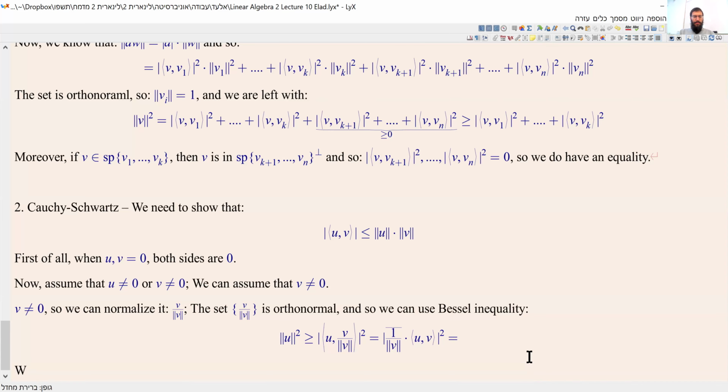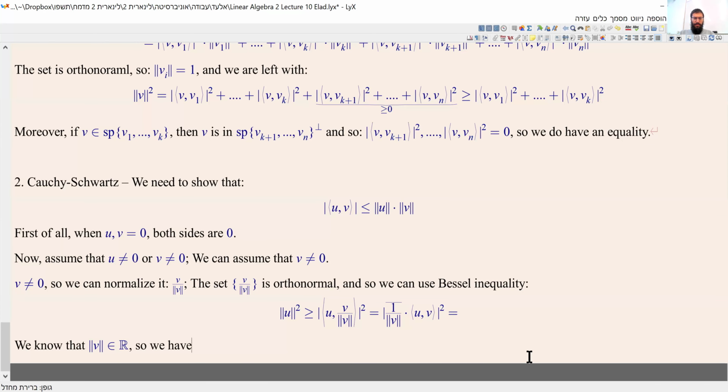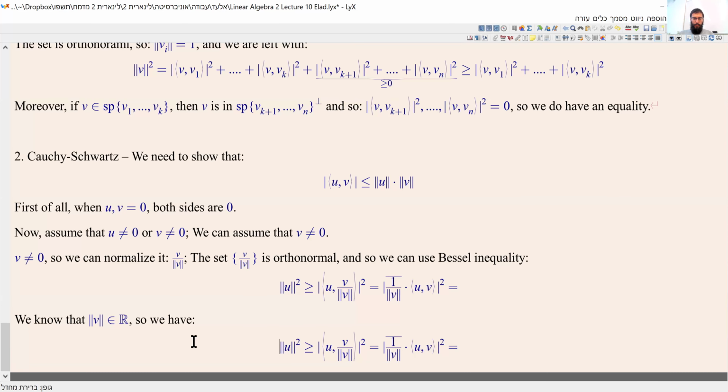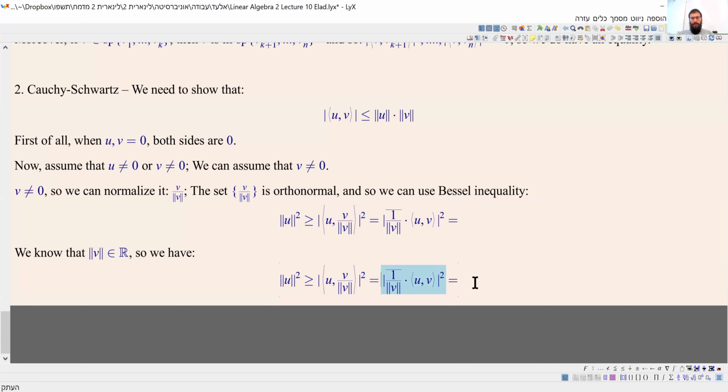One of the basic properties of norms actually defines it.